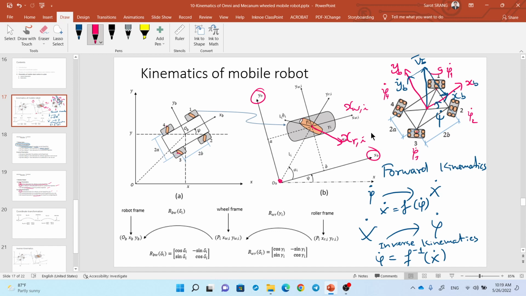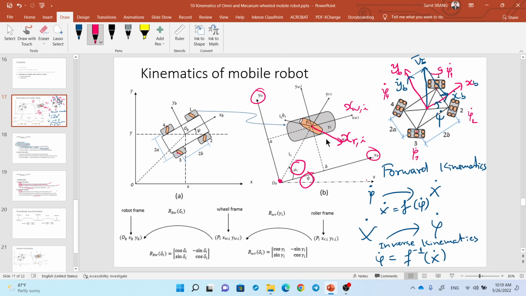Now let's take a look at the angles that are denoted to distinguish the orientation of one frame with respect to another frame. So you already have psi, the angle between body frame and global frame, and you have alpha.